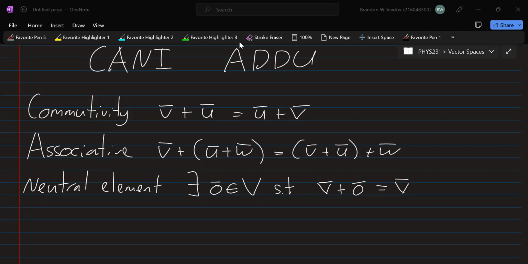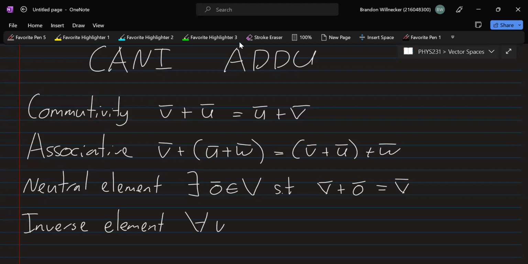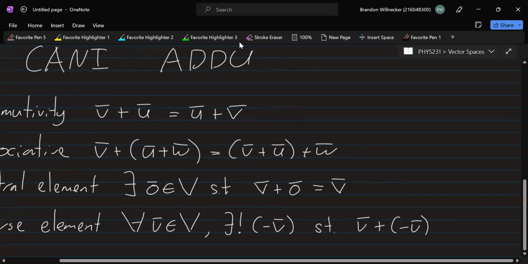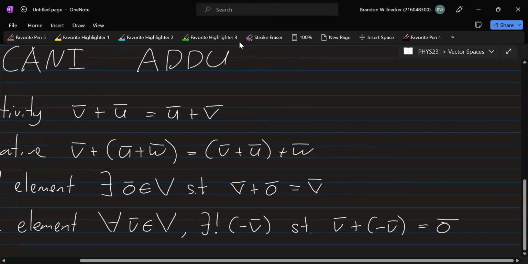Okay, and then lastly, I, that is the inverse element. Okay, so for all vectors V in the vector space, there exists a unique inverse we call minus V, such that V plus this minus V is equal to the neutral element.